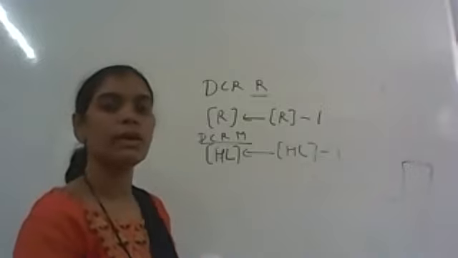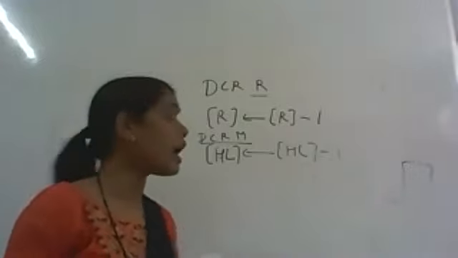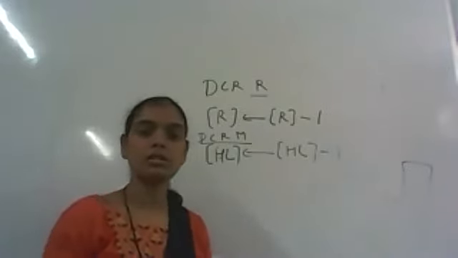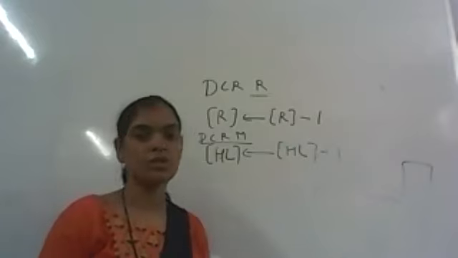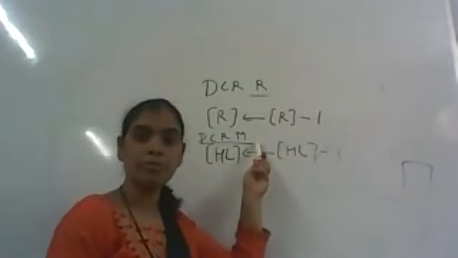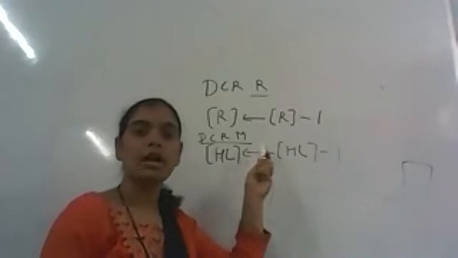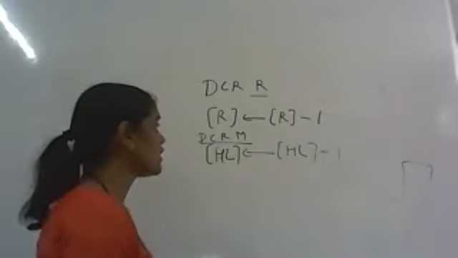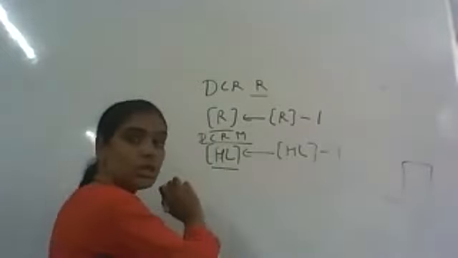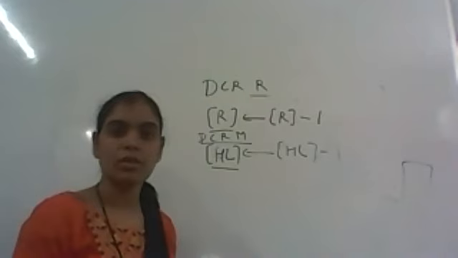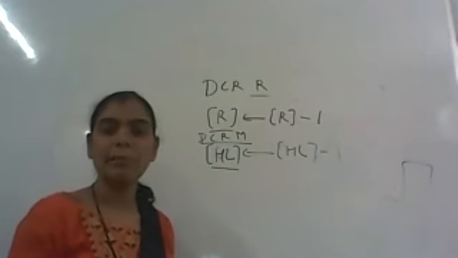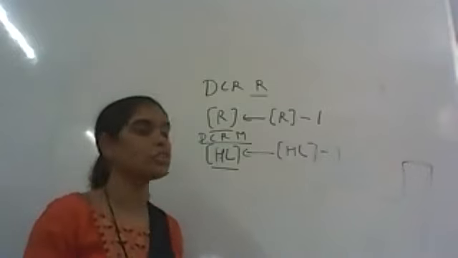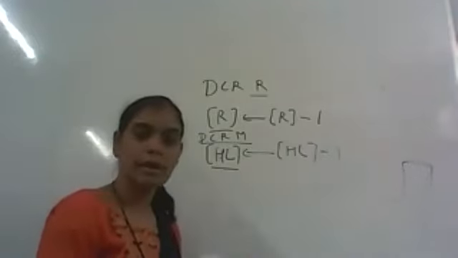See the format. This DCR command is used to decrement, or you can say decrease, the content of a register or memory location by 1. The result after this operation is stored in the same location itself. If the operand is a memory location, its address is specified by the HL register pair.